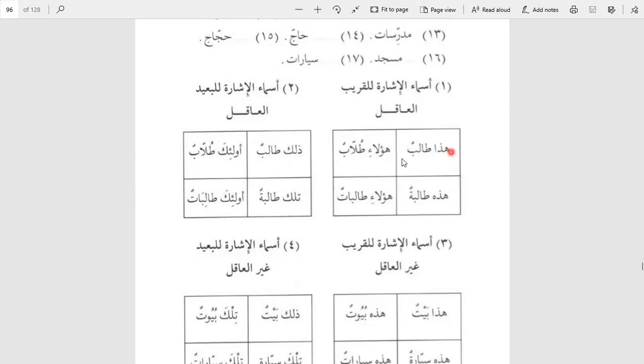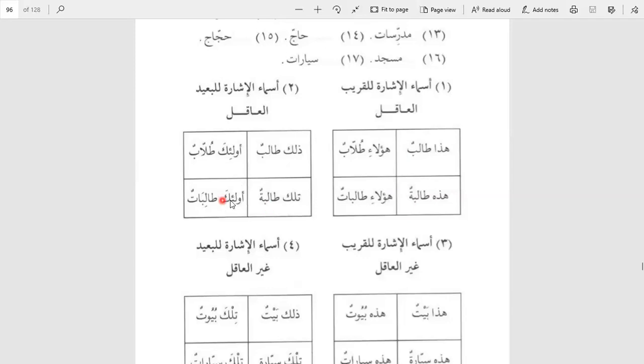But when we are in feminine akil, we say هذه طالبات, and say هؤلاء طالبات. This is the same concept. هؤلاء for akil we use the same, but for feminine we use هذه and هذا for masculine. And we also use the same for akil: ذلك طالب أولئك طلاب تلك طالب أولئك طالبات.